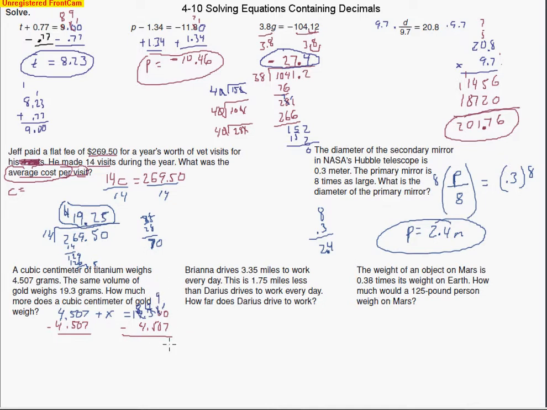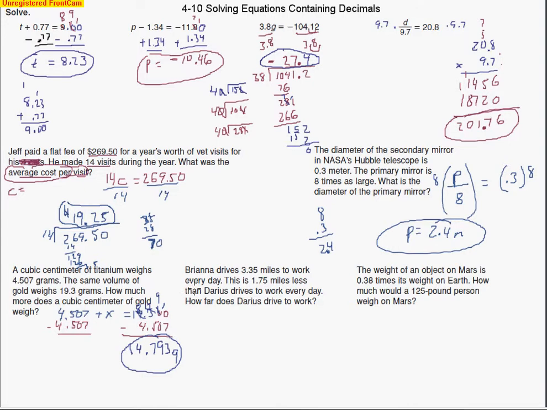So I end up with a 3, a 9, it looks like that makes a 12, so 12 minus 5 gives me 7, bring the decimal point straight down, 8 minus 4 gives me 4, and then the 1. So there it is, 14 and 793 thousandths grams less is what that titanium weighs compared to the gold.